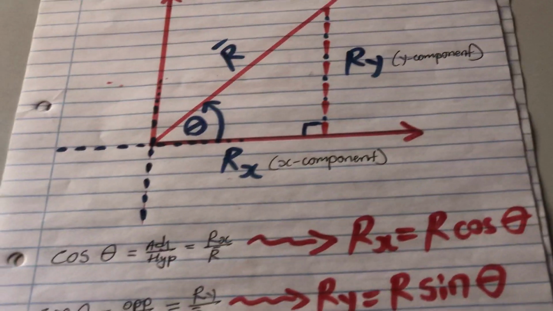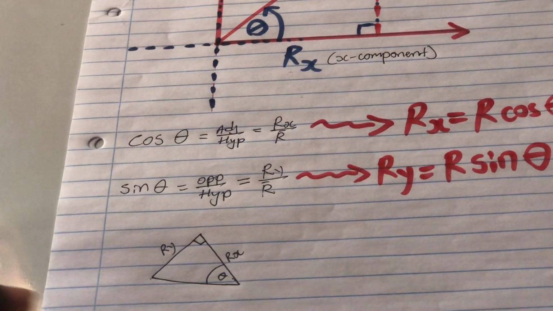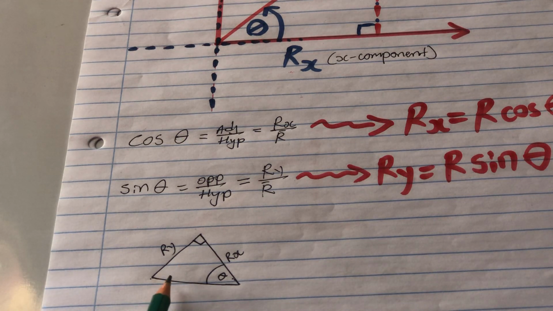So let's look at this triangle, which looks like it's upside down. If you use this memory aid that I just gave you, using the angle, it will be very easy for you to come up with the right formula. For example, the formula for finding Rx.